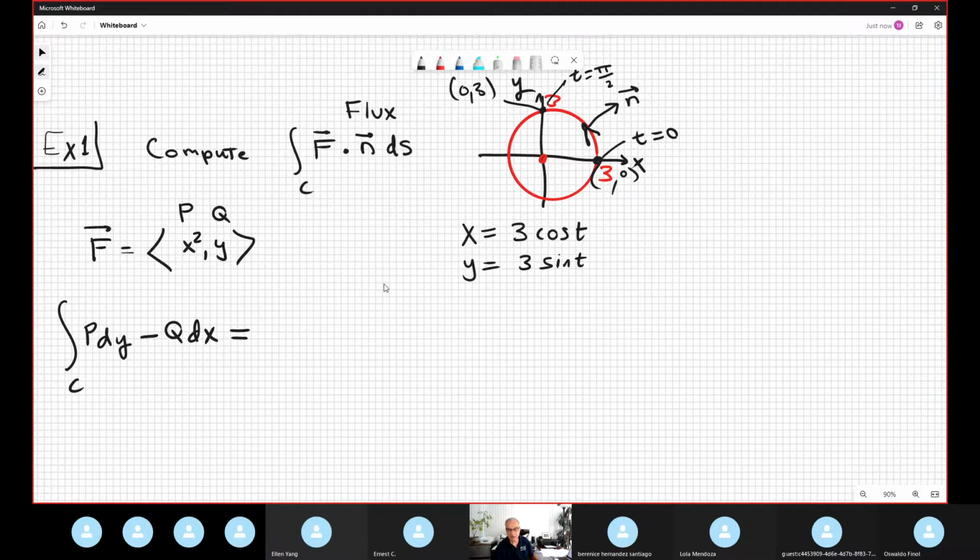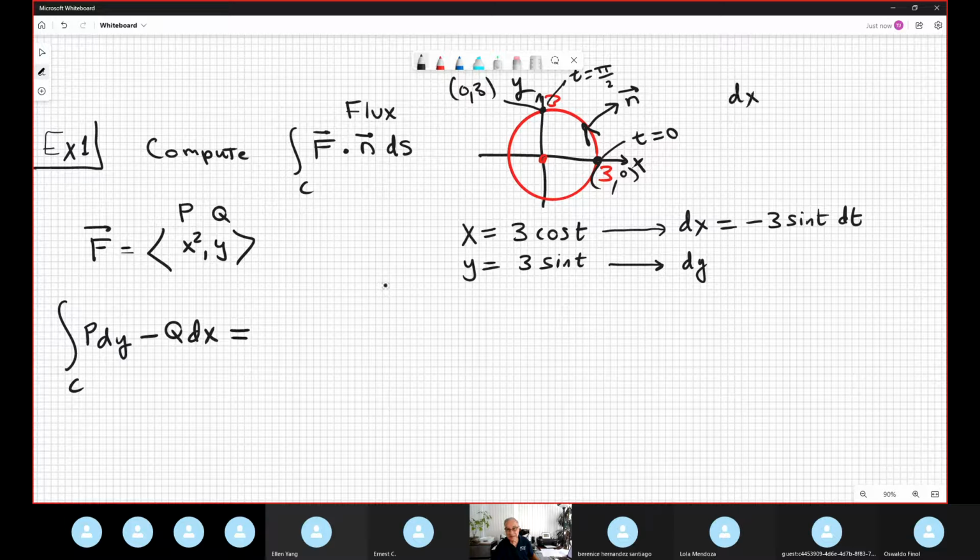I compute the derivative of this in order to find dx and dy. The derivative of cosine is minus sine, so minus 3 sine t dt. Remember dt, because you are finding a differential, not a derivative.